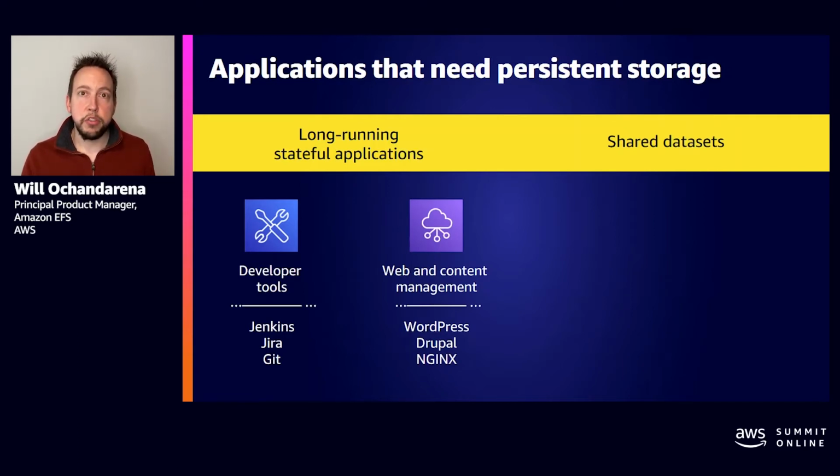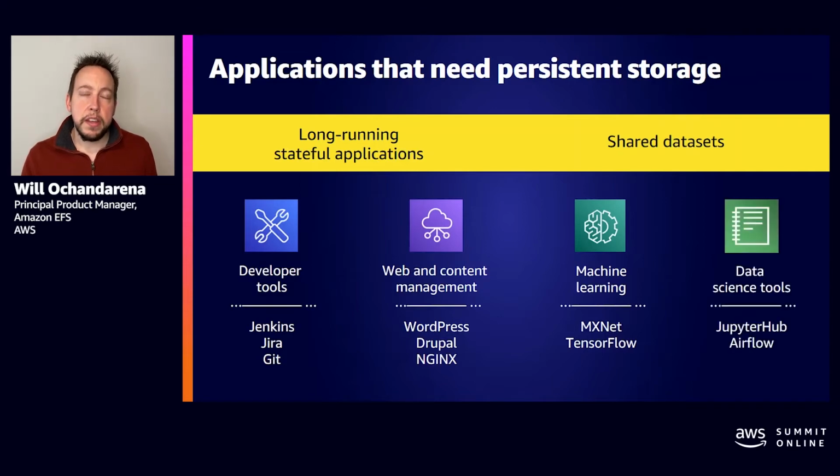So WordPress and Drupal instances can be easily containerized and run in serverless environments so that you lower the operations burden. Next, machine learning and associated tooling. So you can train machine learning models using MXNet and TensorFlow, and you can run a lot of the common tooling that customers run in these environments, like notebooks or ETL tools like Airflow.